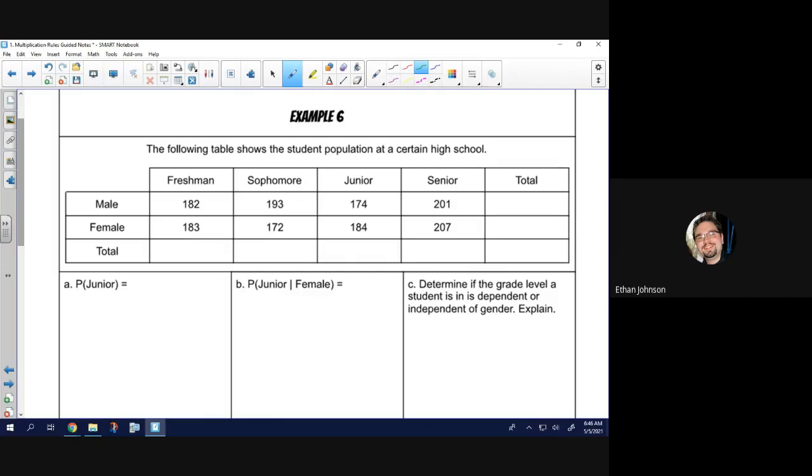So if we add up all of the males, 182 plus 193 plus 174 plus 201, we should get 750. Adding up all the females, so 183 plus 172 plus 184 plus 207 should get us 746. And now just add all the columns.